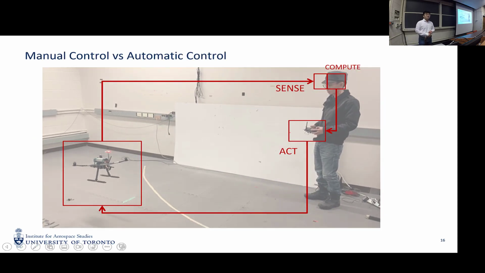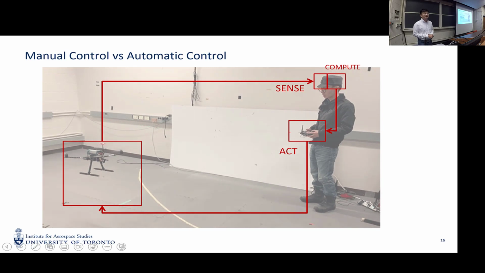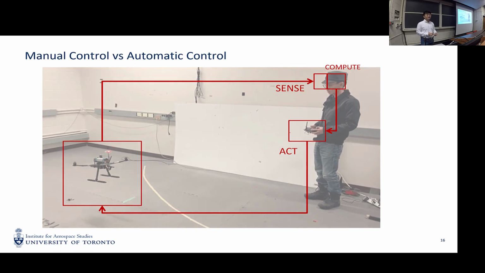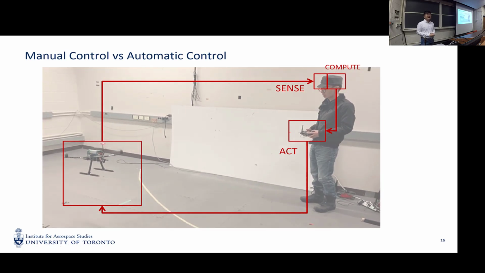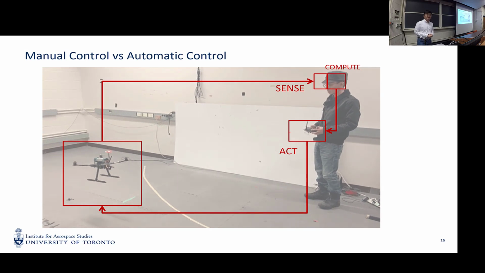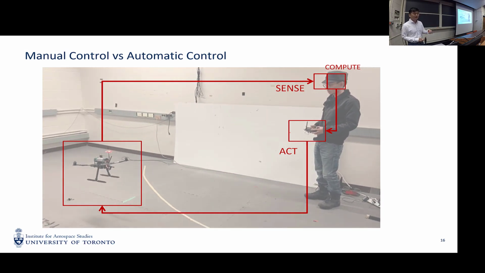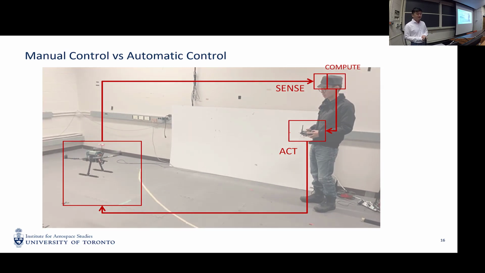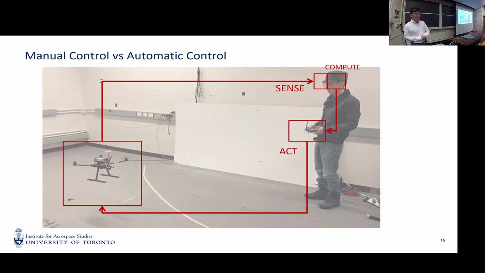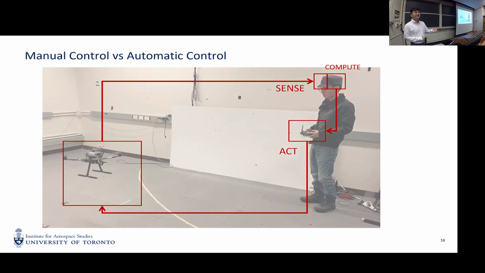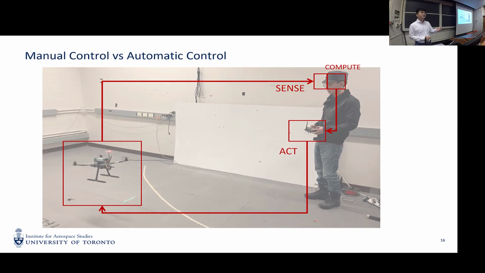So in terms of facilitating such a control, there are two main ways. The first way is manual control. So basically, it is about using a human pilot to actively control the drone. After some training, a human is able to control the drone.